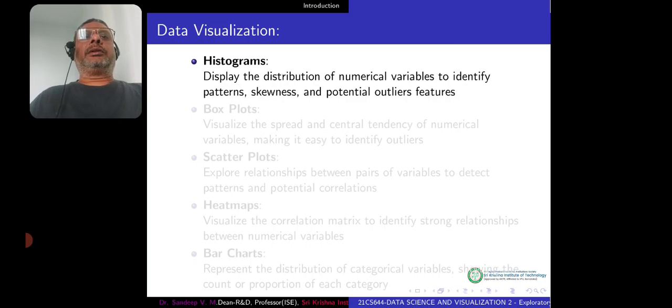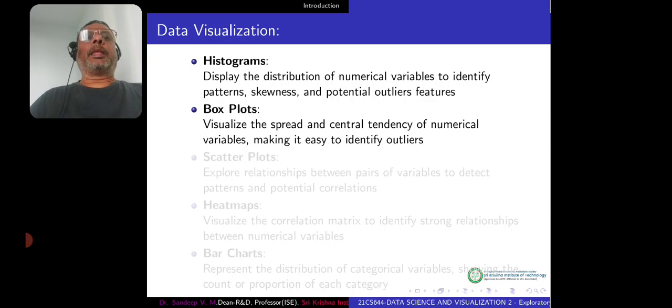Then coming to the visualization part, there are various techniques available for data visualization. The most common thing used is a histogram. This will display the distribution of the numerical values to identify the patterns, skewness, and potential outliers of the features. The next one is the box plot.